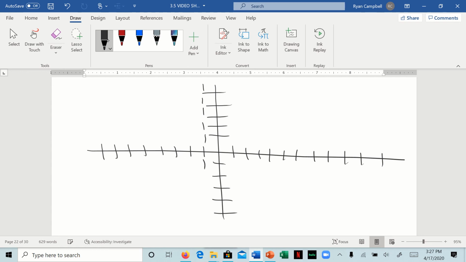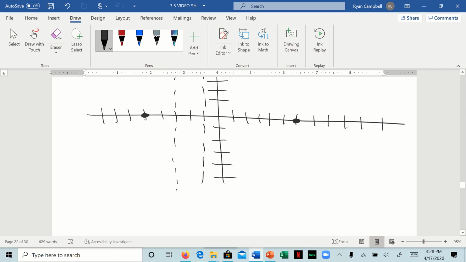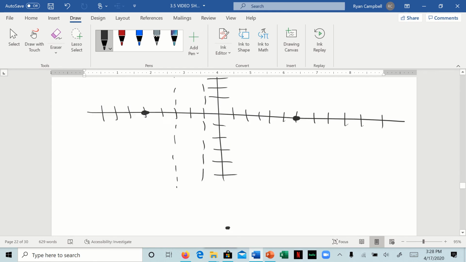We also know we have x-intercepts at (6, 0) and (-5, 0). We also have a y-intercept at -50. So we'll just put something really far down here. It doesn't have to be perfect, it's just a sketch.